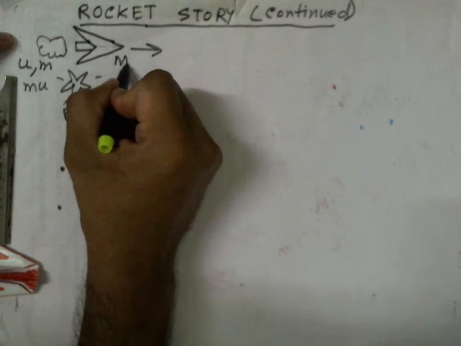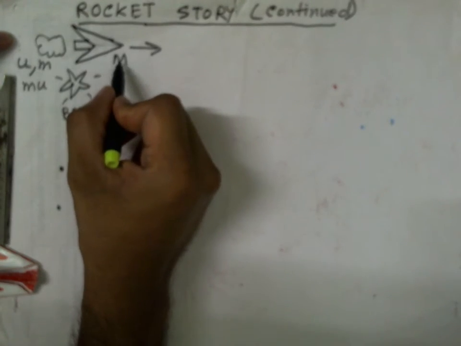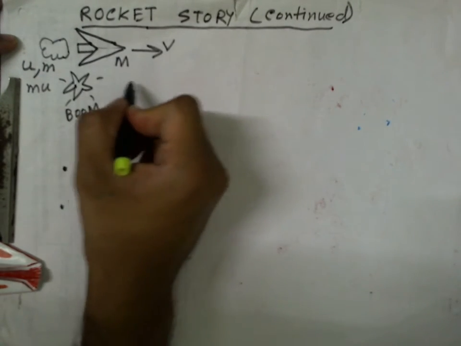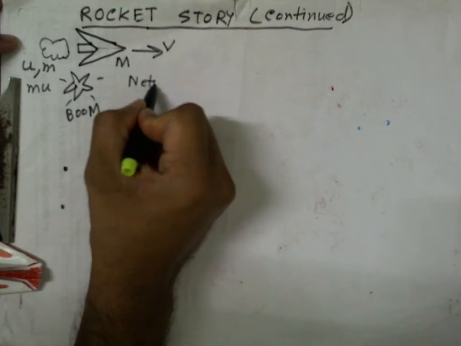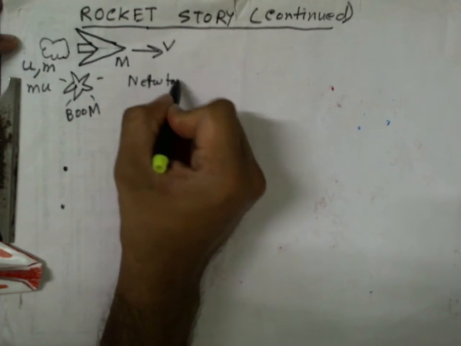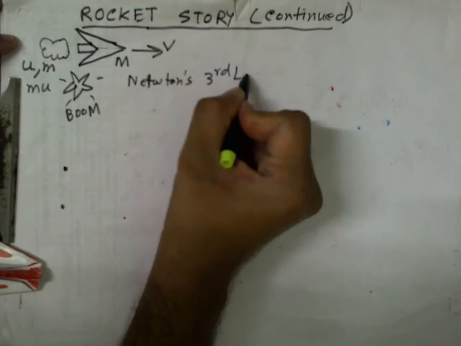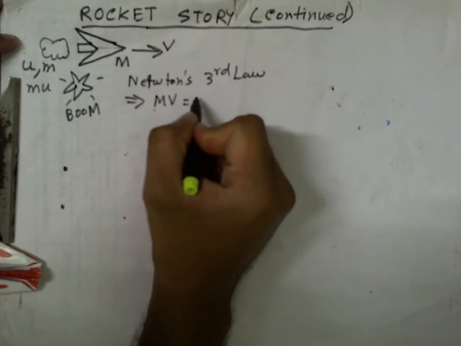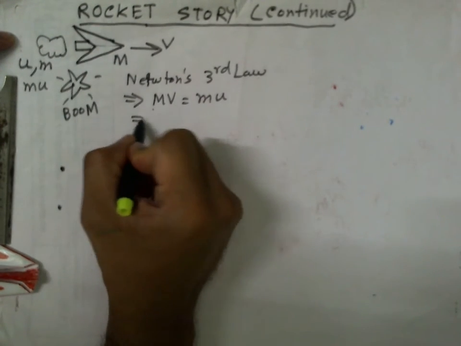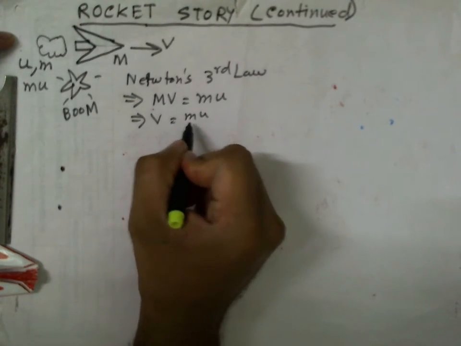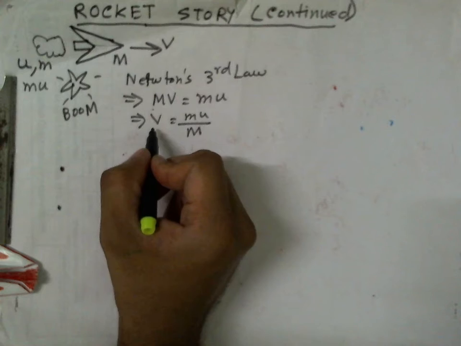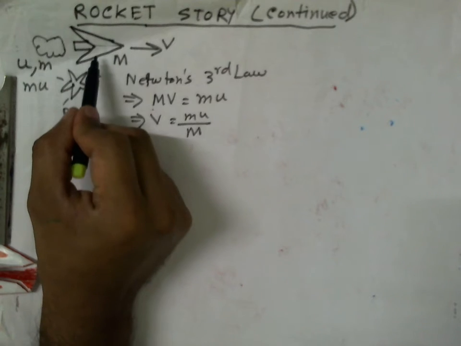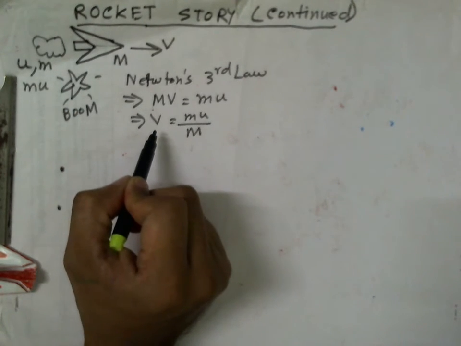If the mass of the rocket is M, and the velocity it attains in the forward direction is v, then by Newton's third law, or conservation of momentum, Mv is equal to mu, or v equals mu by M. This velocity is attained at once. It takes no time for the rocket to attain this velocity from zero velocity.